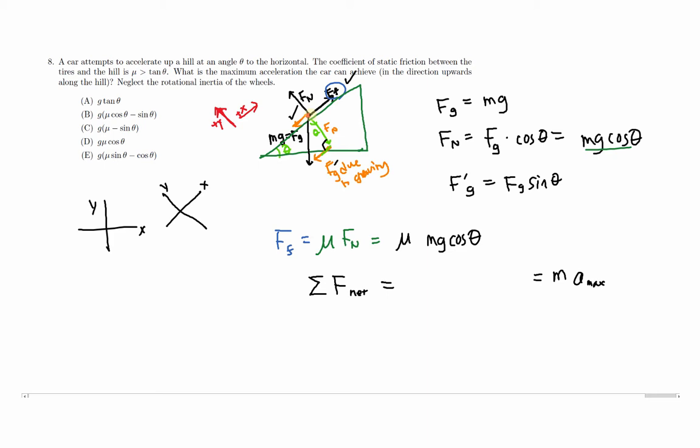Since I declared the direction of friction to be positive, I write it first, and then the force due to gravity has to be negative.